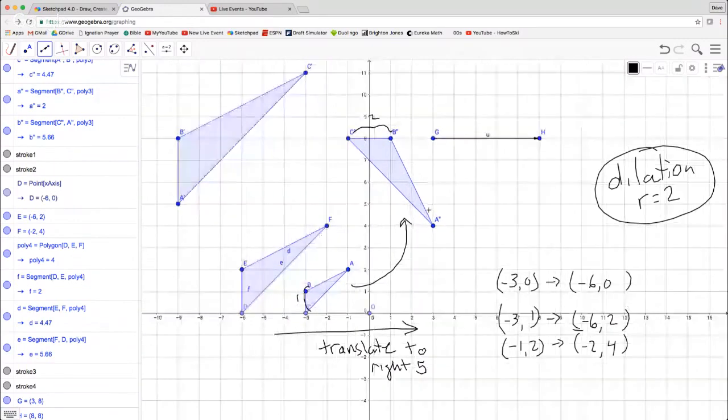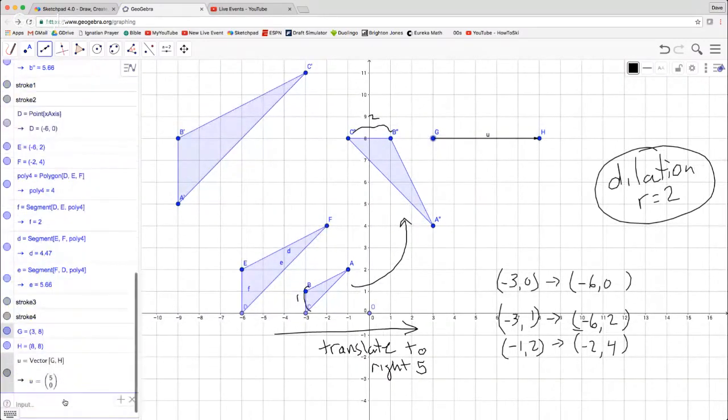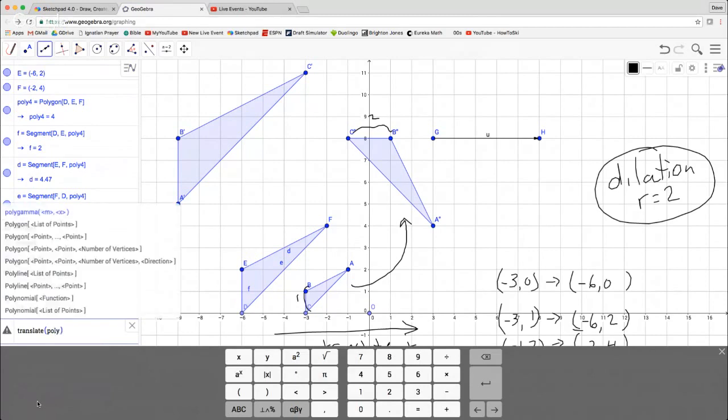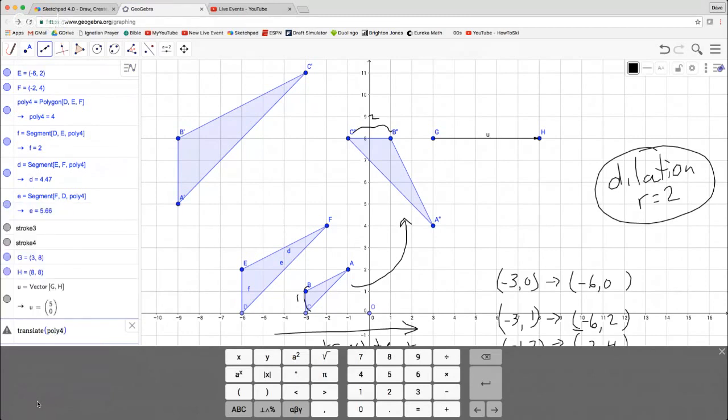So let's go over here, and we're going to say translate our new shape that we just dilated. Let's just translate it to the right.